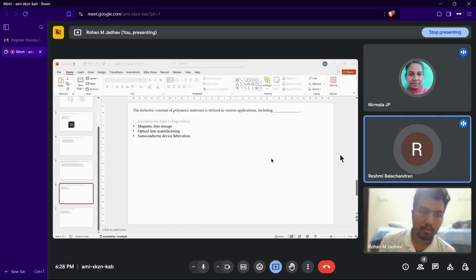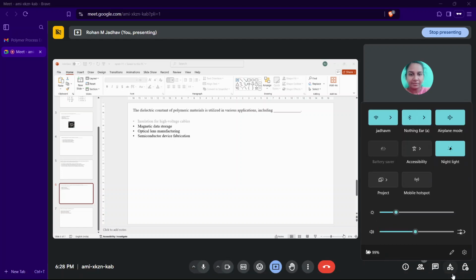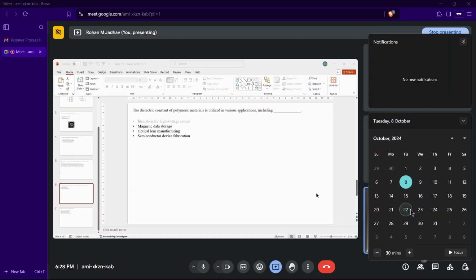As per the NPTEL site, it is on 26th. Okay, if it's on 26th, then we can have a class on 22nd. Is it fine? Okay. So 15th one class will be there, that is the final 12th class, and then 22nd one more class we will have. That will be much better. So one more thing.